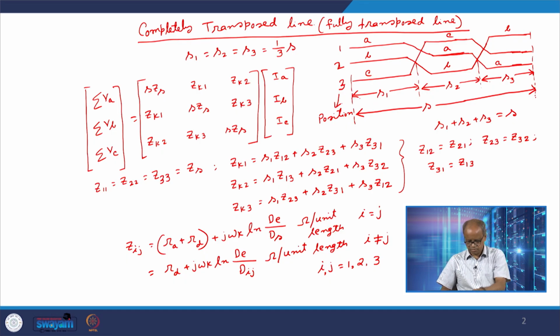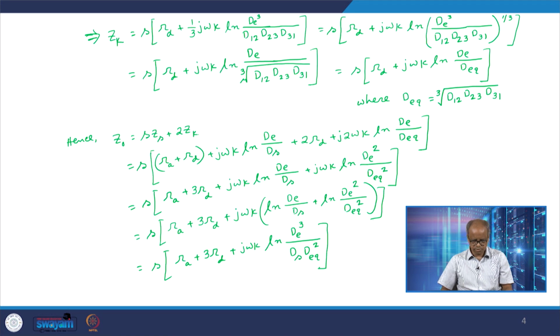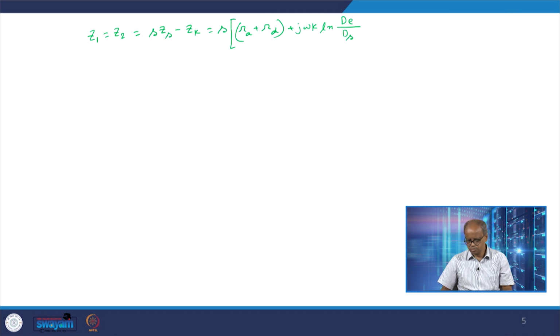This is the expression of Zs minus Zk. The expression of Zk is s into Rd plus j omega k into log d by dq. So this is minus Rd minus j omega k log d by dq.